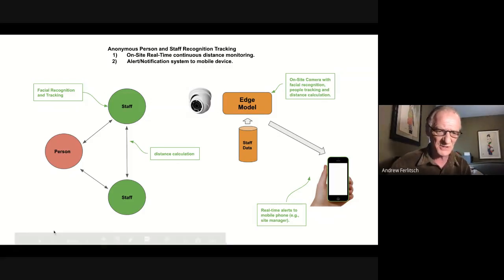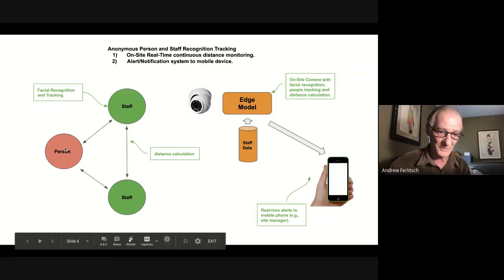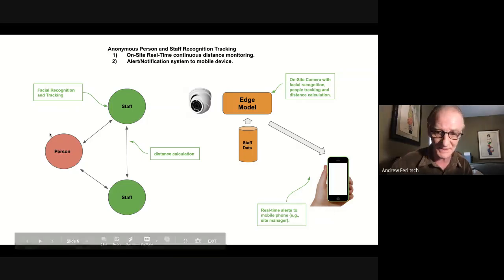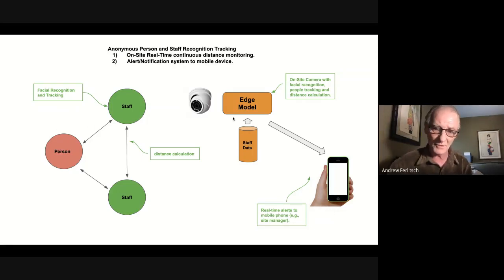This just depicts people and staff. So you're going to want to measure things like staff to staff distances, staff to people distances, and people to people distances. Then you take everything detected by the model and send it to some kind of device like a mobile phone or an IoT device, or both.